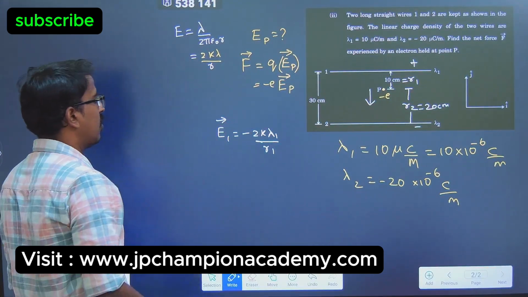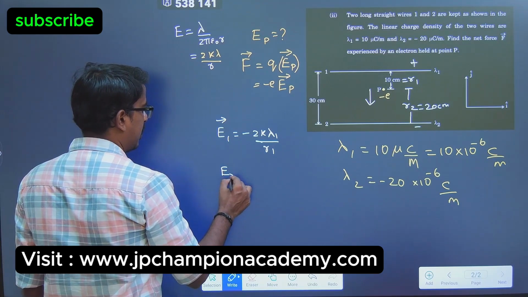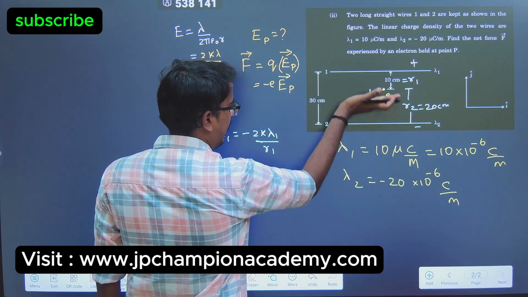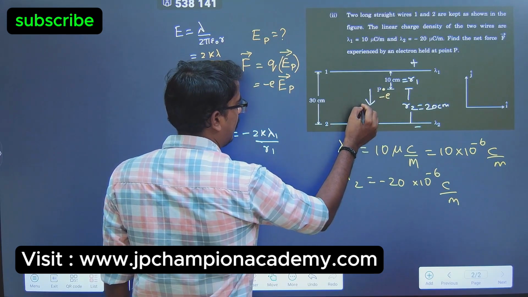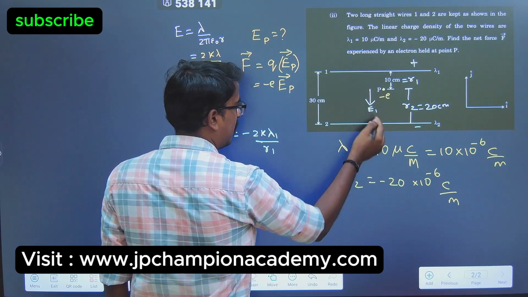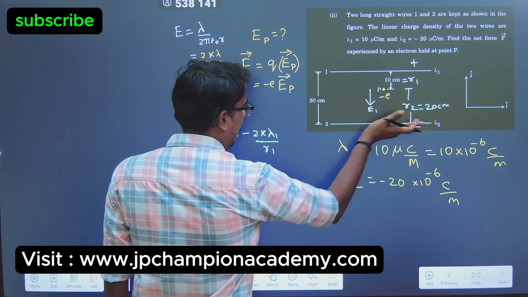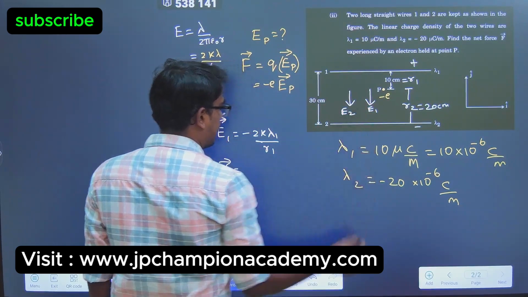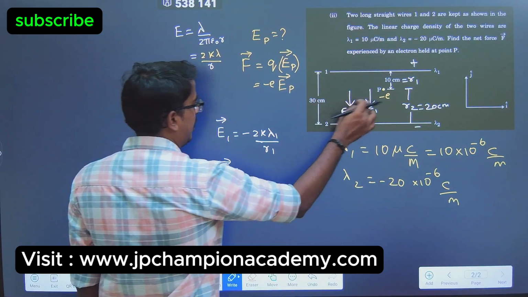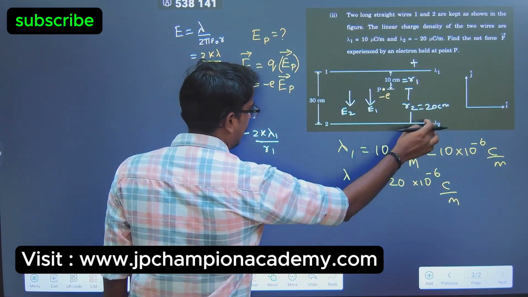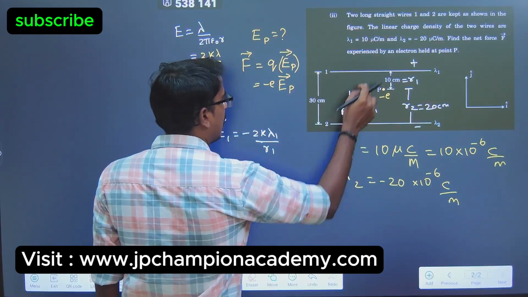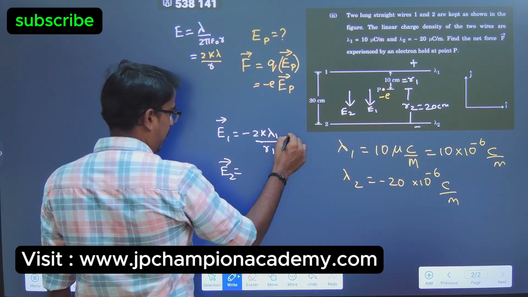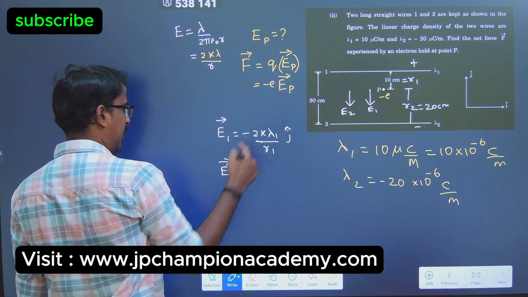Now similarly you need to find E2. What is the expression? This is a negative charge, and the field comes towards a negative charge. Previously E1 was down. Here since lambda 2 is a negative charge, the field is going to be towards the wire. E1 and E2 are both in the same direction. Since positive, E1 is away from the wire, and since negative, E2 is towards it. So in both cases it is minus j cap.